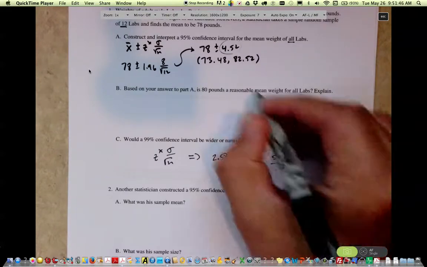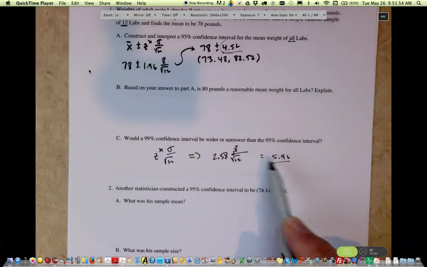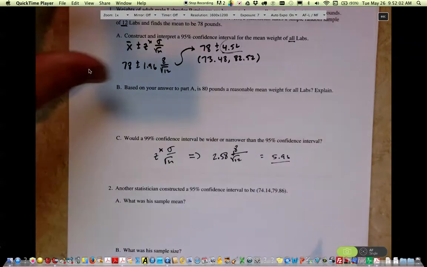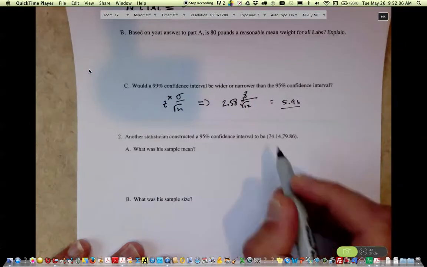All right, so the margin of error is 5.96 compared to 4.52 up here. Again, that's wider, okay? But really I want you to get the idea that not just mathematically is it wider, but why would it be wider? Higher confidence, bigger net.